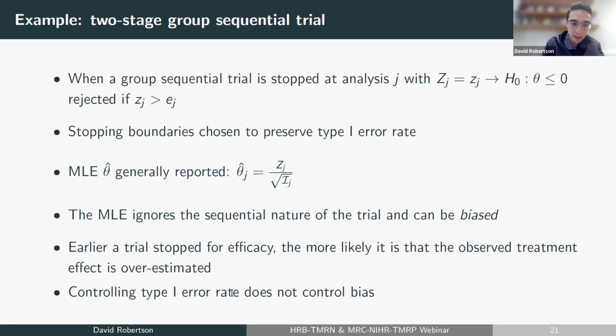Intuitively, the earlier trials stop for efficacy, the more likely it is that your observed treatment effect is in fact overestimated. You may have stopped at a random high and reported that. And as already said, controlling the type 1 error rate doesn't guarantee control of the bias, so you need to consider that question explicitly.